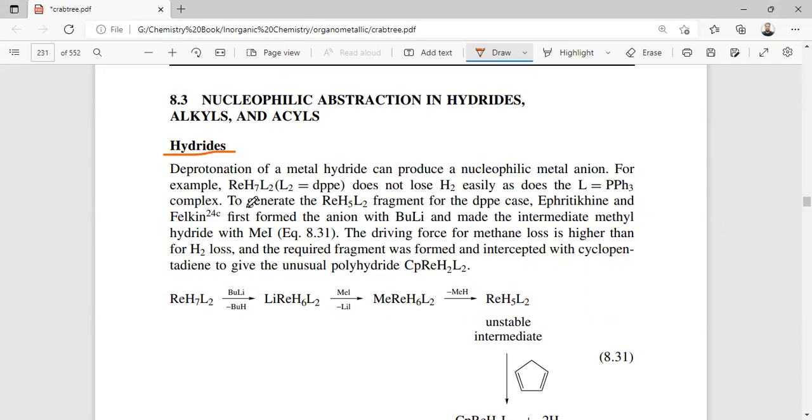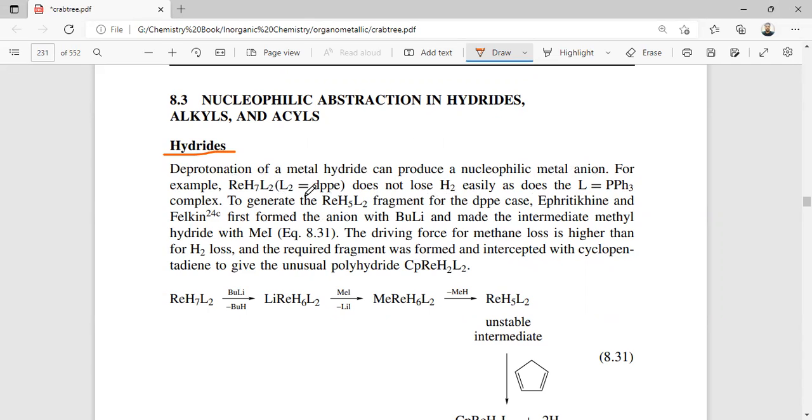So deprotonation of a metal hydride can produce a nucleophilic metal anion. For example, ReH7L2 does not lose H2 easily when L equals PPh3.